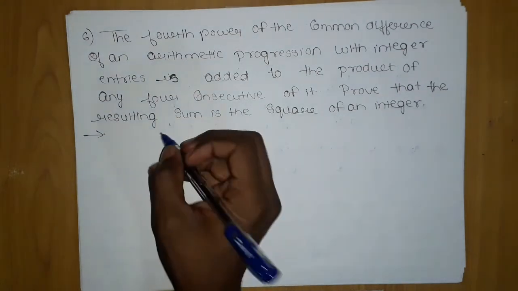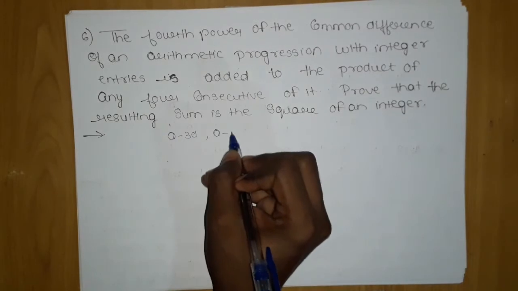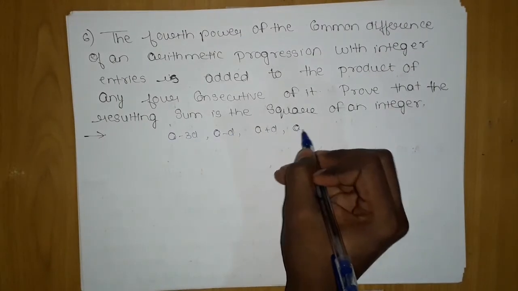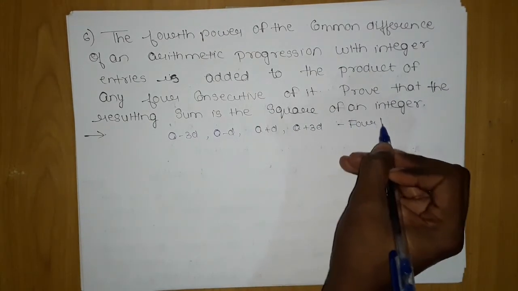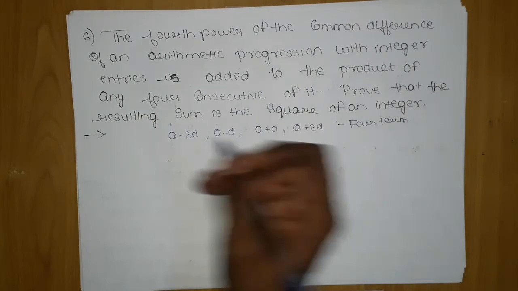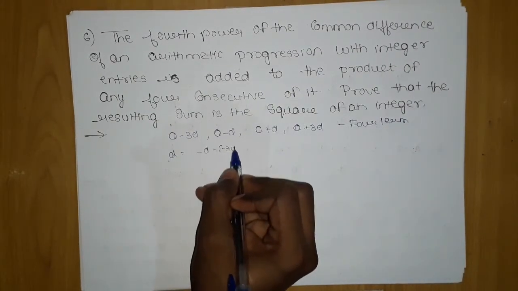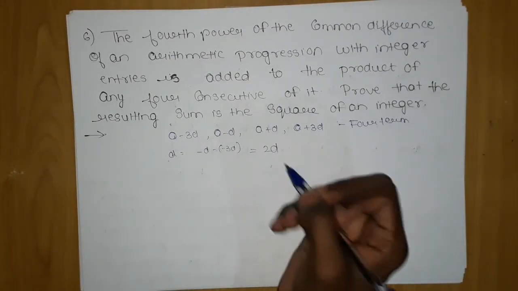They are in arithmetic progression, so I will take a minus 3d, a minus d, a plus d, and a plus 3d. These are my four terms. And what is the common difference? It is d minus (minus 3d), which is nothing but 2d. So I got my common difference, which is 2d.